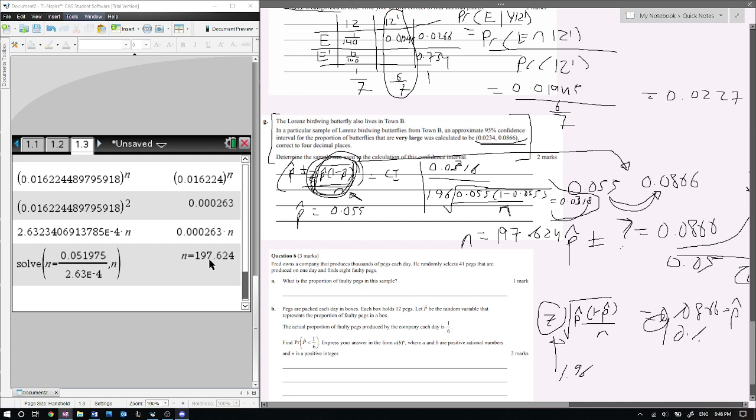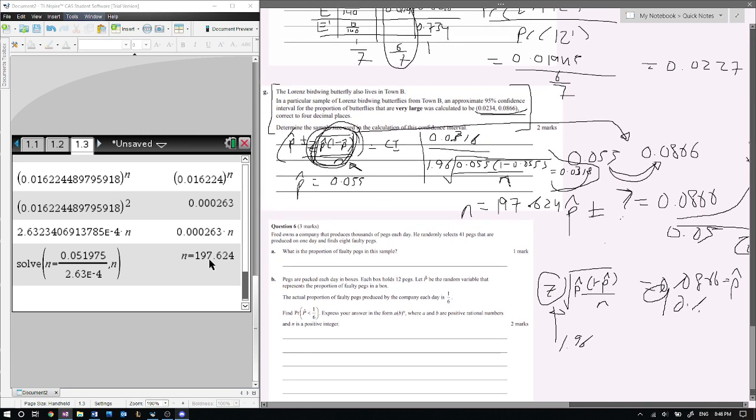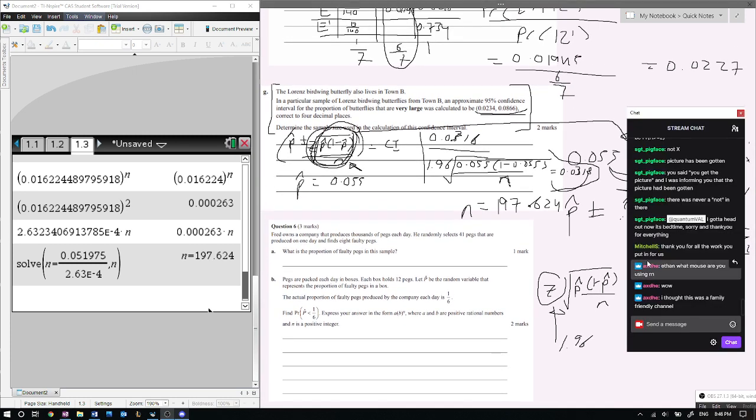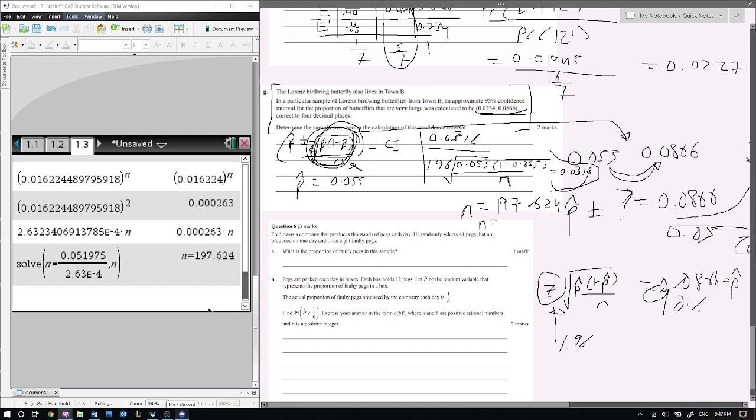There's no set rule whether you have to round up or down, so just round to the nearest integer.